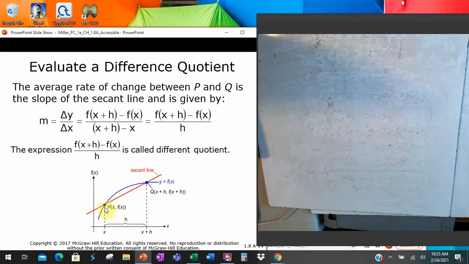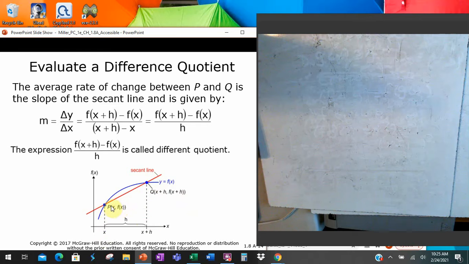I'm starting at just some arbitrary point x, moving over some h, and this is my second point. So I'm starting at x, evaluate the function, that's f of x. My second point here is now I'm at x plus h, and I'm going to evaluate the function at f of x plus h.